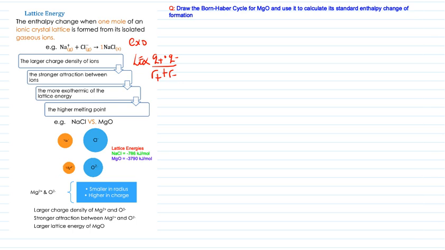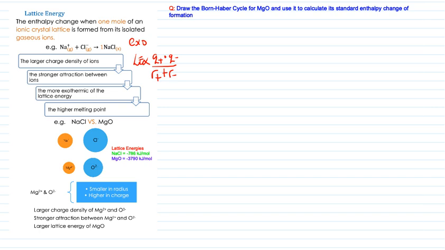Then comparing anions, chloride ion is bigger than oxide ion, but oxide ion again has a bigger charge, so oxide ion has bigger charge density.